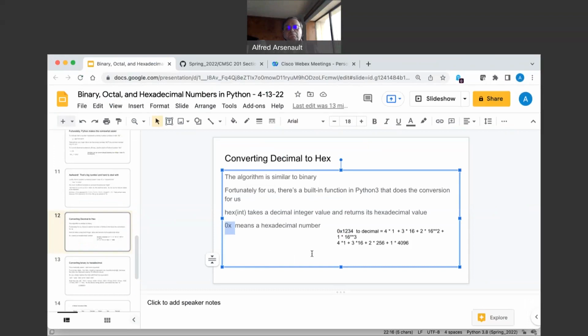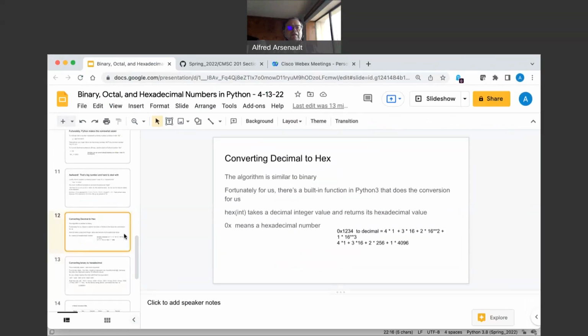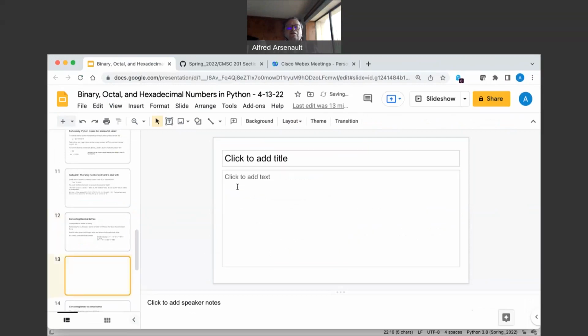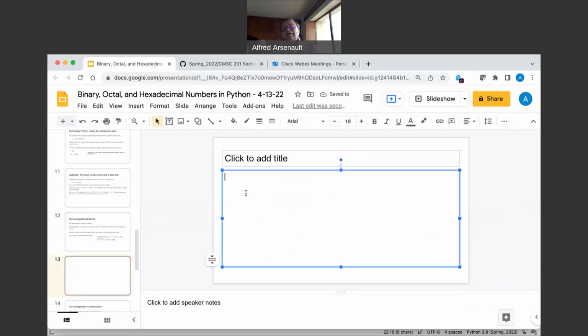Going back to the slides, the algorithm is the same. Remember that. Let me put another slide in here real quick. Basically, it's a simple matter of saying 0xAB123.